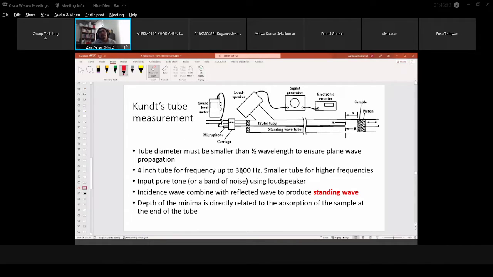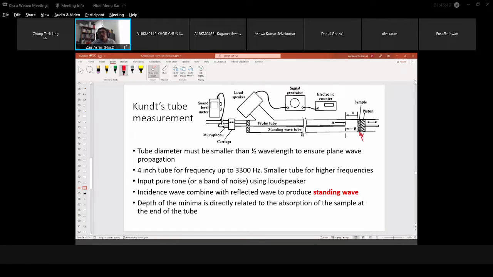In a Kundt's tube, we have a speaker generating the sound, and the sound will propagate within this tube. Since the sound is trapped within this tube, it goes back and forth. The material is here, so some of the sound energy will be absorbed by this material.